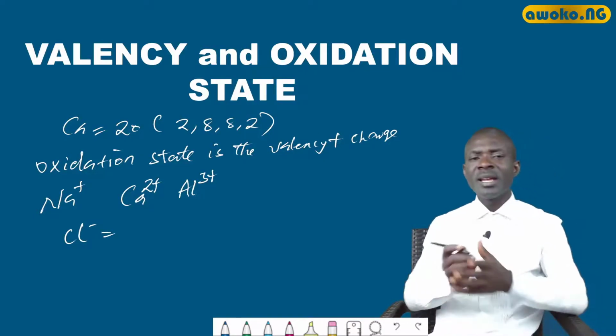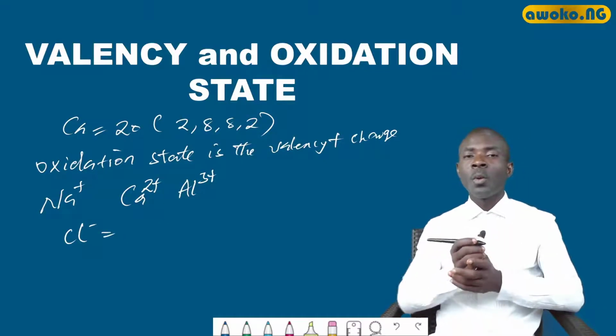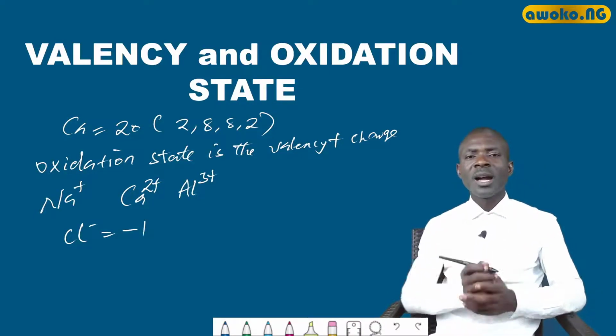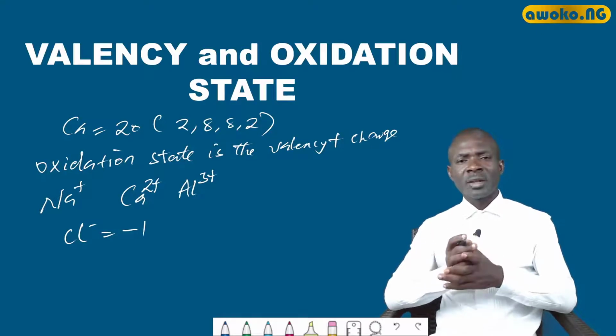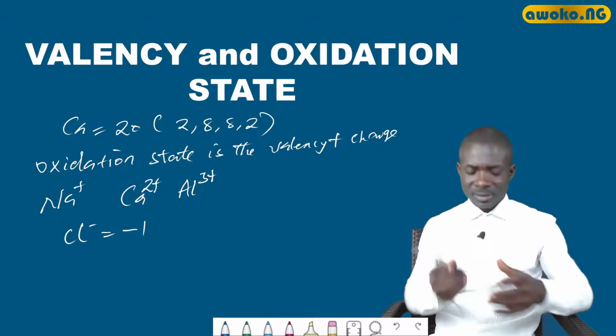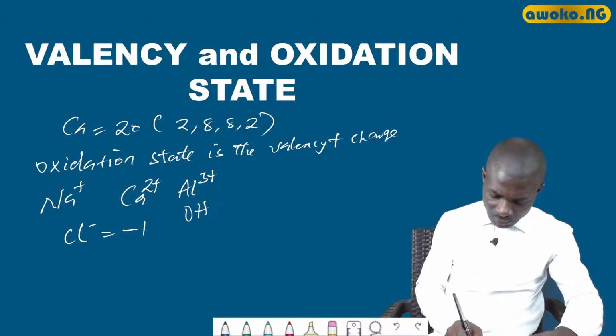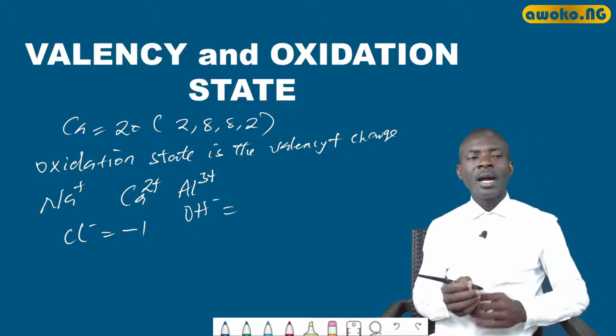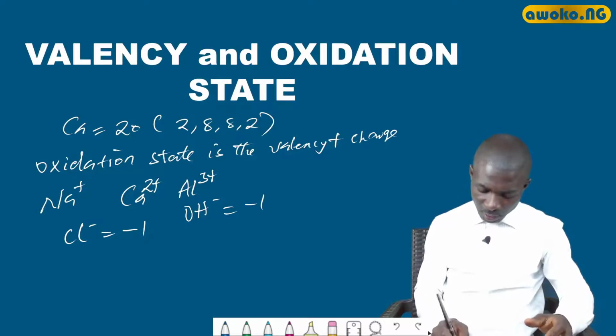The valency of chlorine is 1, while the oxidation state of chlorine is -1. We also have another radical or ion, hydroxide, represented as OH-. It also has a valency of 1 and oxidation state of -1.